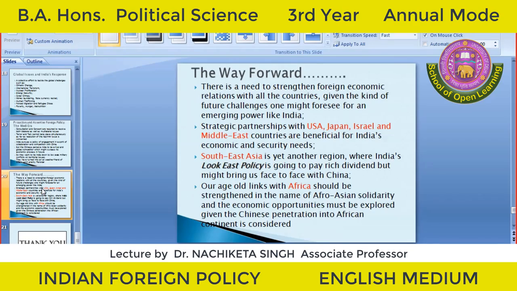So non-state actors under such states, and the states themselves acting as terror outfits, is something which we need to understand as a new factor in India's foreign policy.